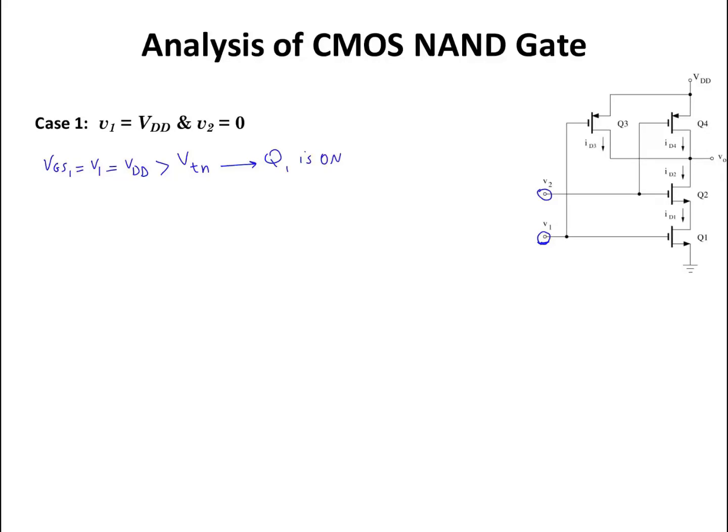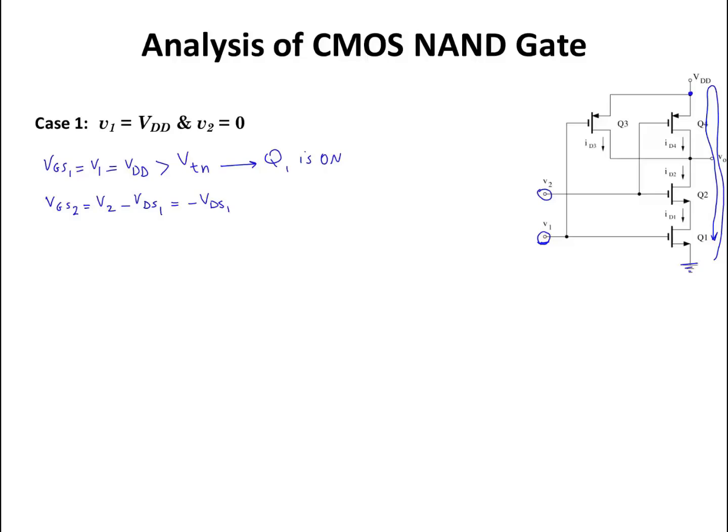How about the next one? The gate to source voltage for transistor 2 equals V2 minus VDS for transistor 1, and V2 is equal to 0. From there, this is equal to negative VDS of transistor 1. Looking at this loop in here, I have VDD volts at this node, and this node is the reference at 0 volts.